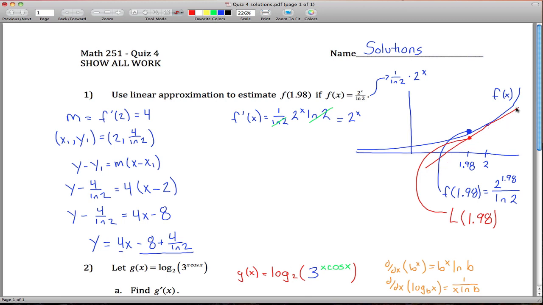And now that we know the equation of this red line, we just want to know the height of this red line when x equals 1.98. Right? This point right here is what we were looking for. So to figure that out, all we have to do is change this x into 1.98.